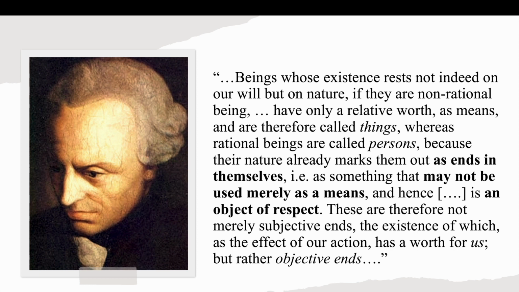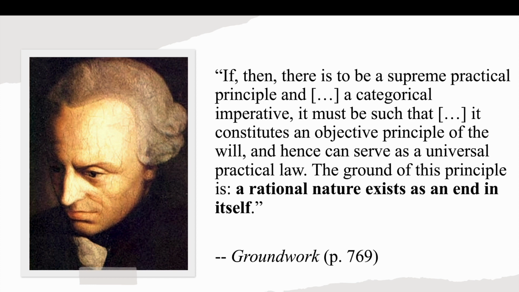Kant therefore says, because we are ends in ourselves, we are by our very nature things that may not be used merely as means. And the way he rephrases this is that we are objects of respect. Kant thinks that our reason, by making us ends in ourselves, bestows upon each of us as a human being a basic kind of inviolable dignity that demands to be treated with the respect that it deserves.